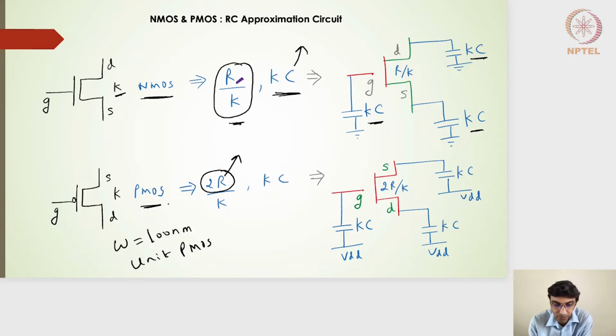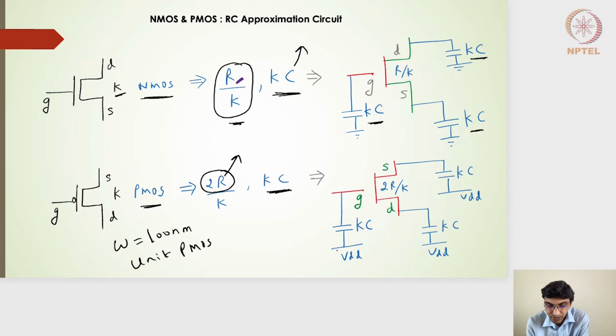The capacitance, however, will be scaled up by k times. So k times C is what we see for the gate capacitances, as well as the depletion and parasitic capacitances. That is what is represented for the PMOS structure here. On the gate side you will see k multiplied by C capacitances.